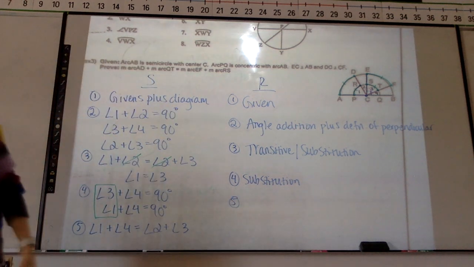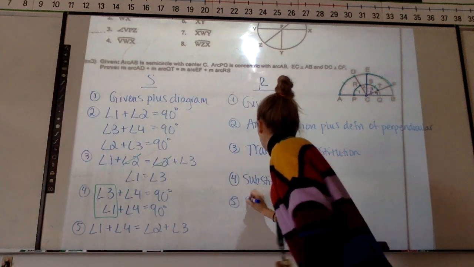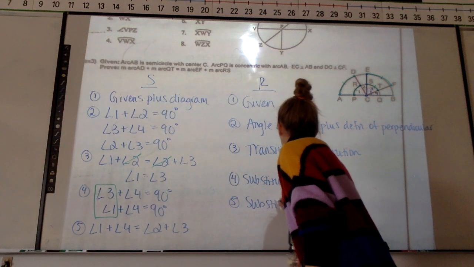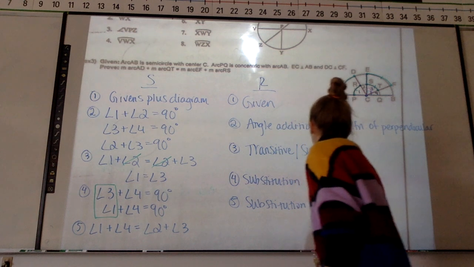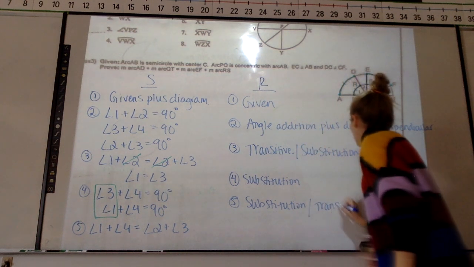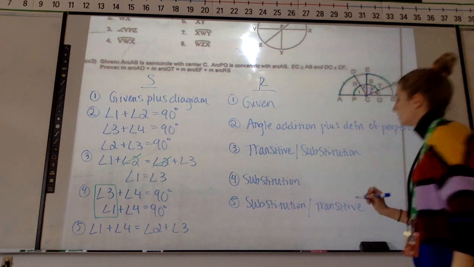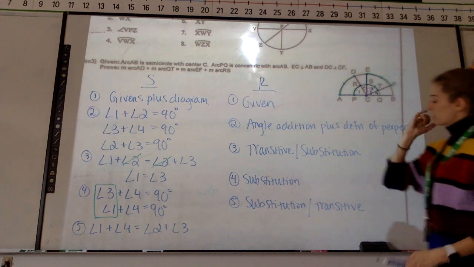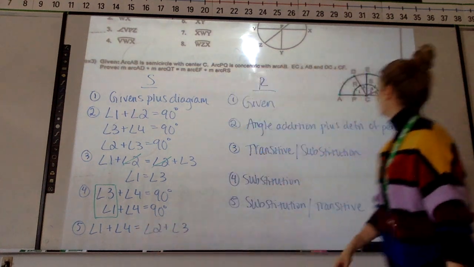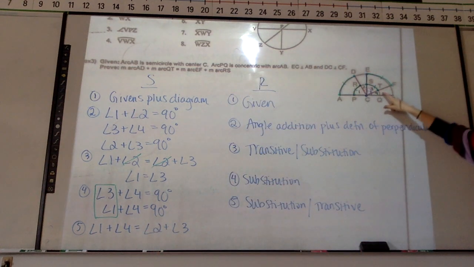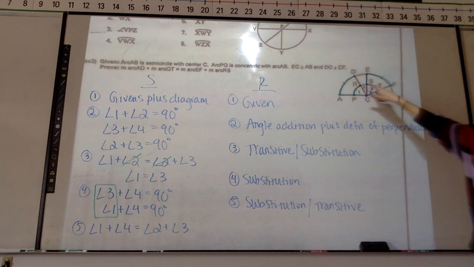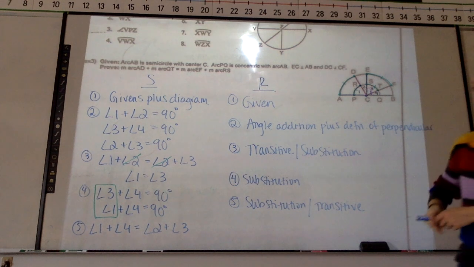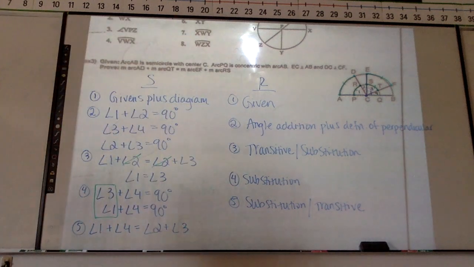And again, I know this because of substitution. You could also say transitive. So think about what we've just stated: angle 1 plus angle 4 is equal to angle 2 plus angle 3. So we're getting pretty close to the end of this proof.